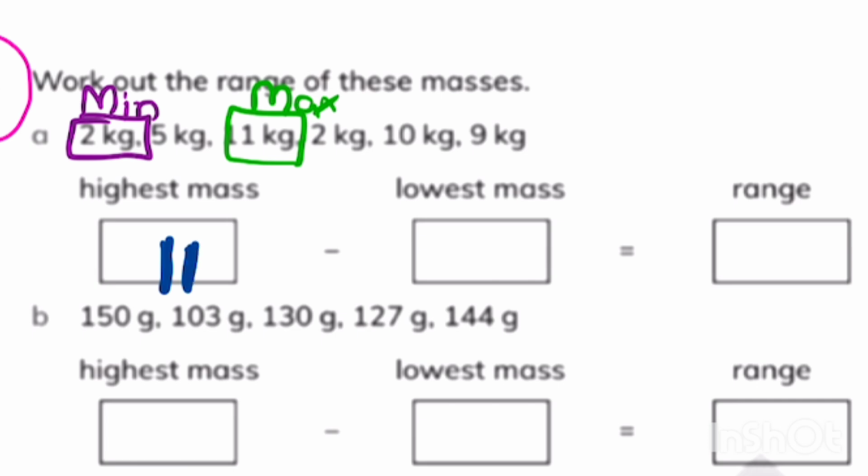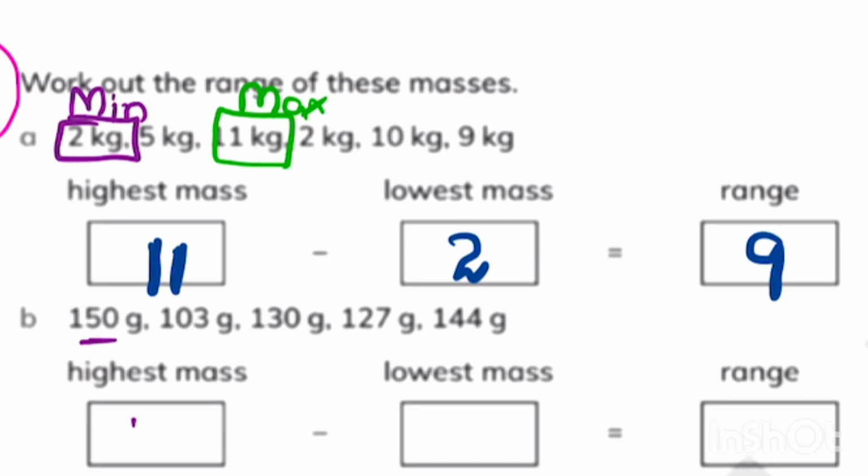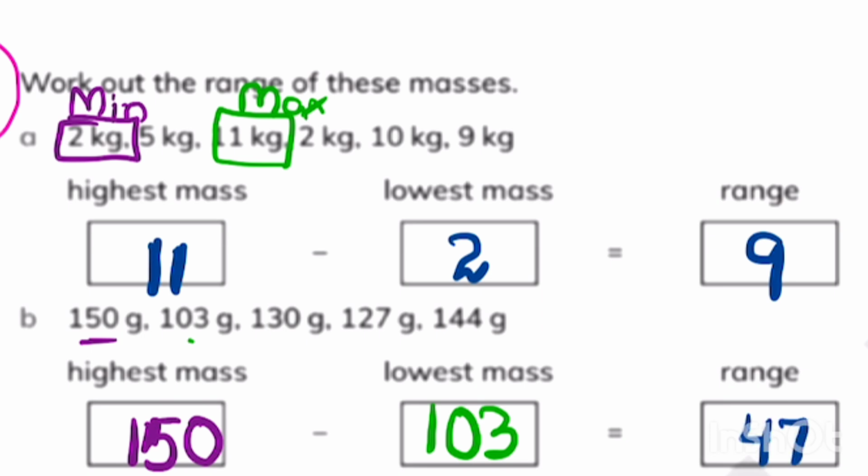So 11 minus 2 is equal to 9. That's all. In part B, the highest value is 150 grams and the lowest value is 103 grams. So 150 minus 103 will be 47 grams.